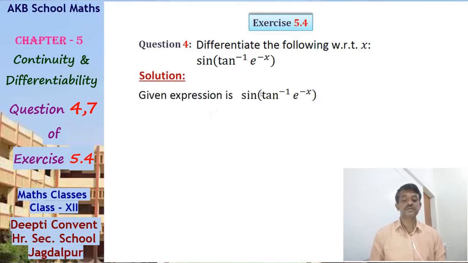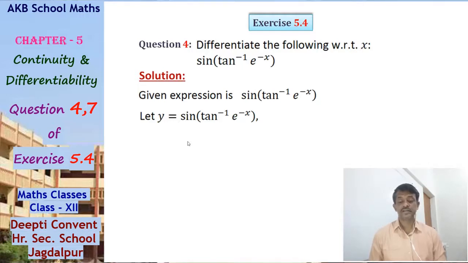Given expression is sin tan inverse e to the power minus x. Let y equal this. We have to find dy by dx. It is a composite function, so by chain rule, but we differentiate directly.